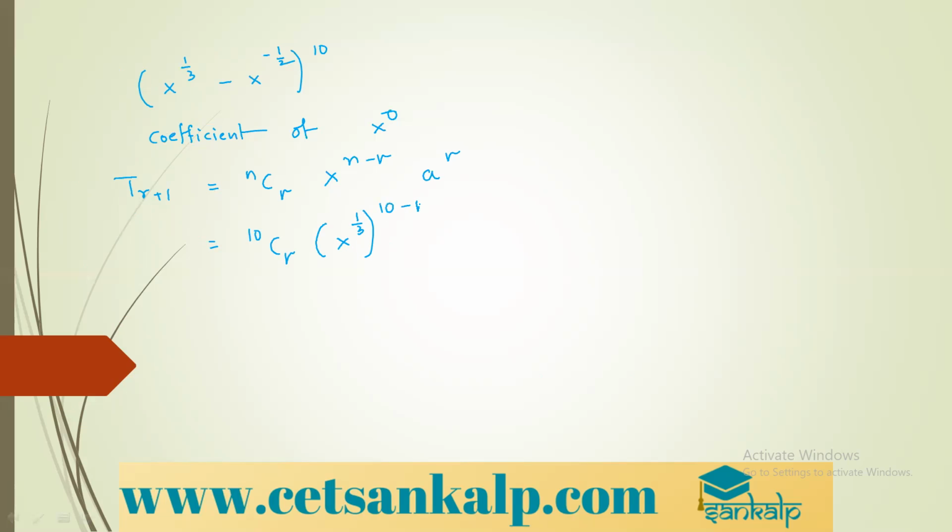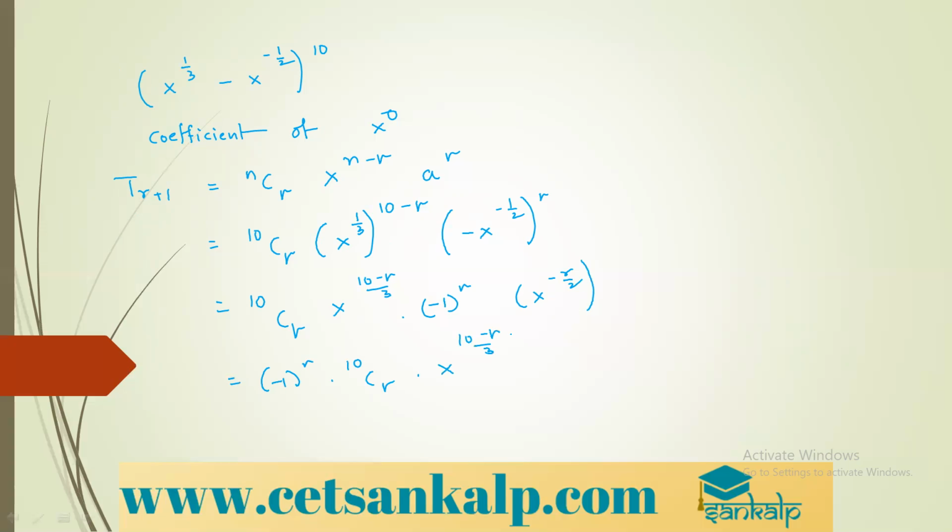N is 10 minus r. In place of a, I will write minus x power minus half, power r. I will separate it: 10 Cr, x power (10 minus r) by 3, minus 1 power r, and x power minus r by 2. So that means minus 1 power r 10 Cr, x power will be (10 minus r) by 3 minus r by 2.